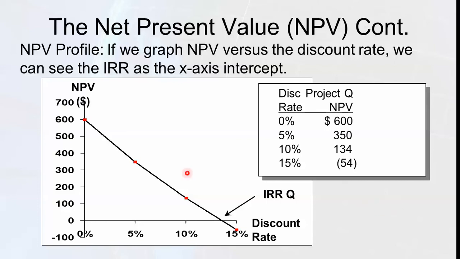For example, in this project Q, if you find NPV with 0%, 5%, 10%, 15%, so you are using different discount rates and finding NPV. Then plot this NPV at different discount rates. That's going to give you NPV profile.